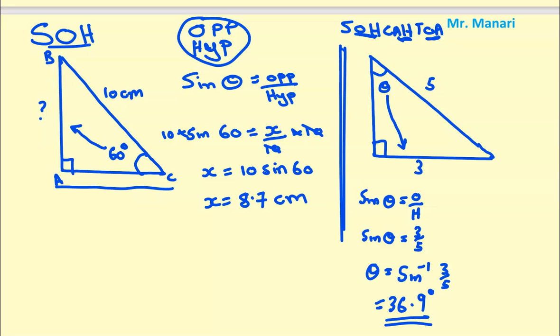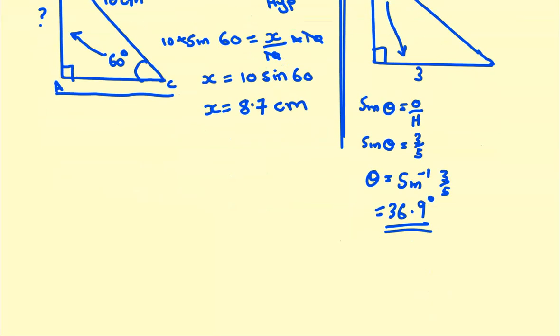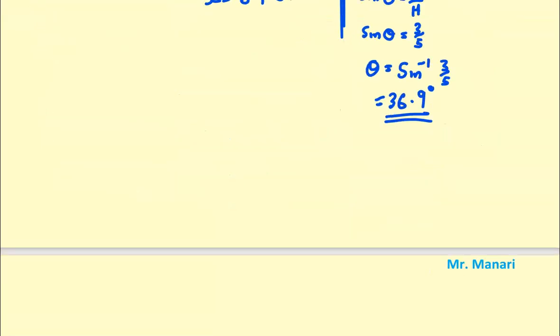Now, let's check using cos, which is adjacent over hypotenuse. We still have our right angled triangle here.